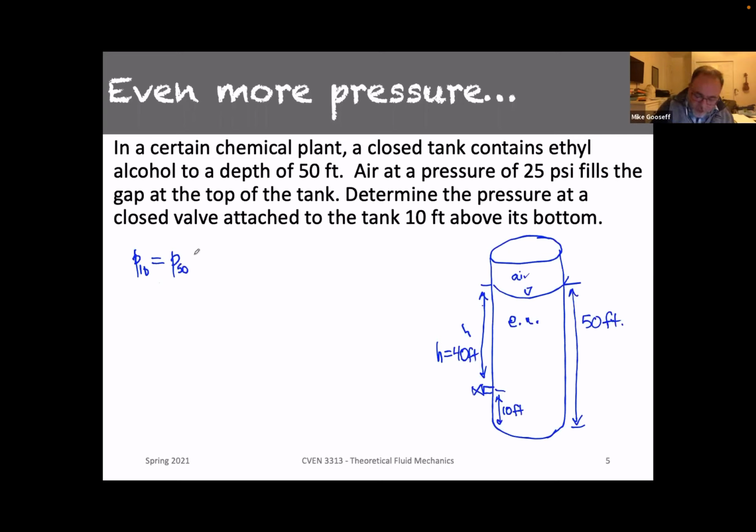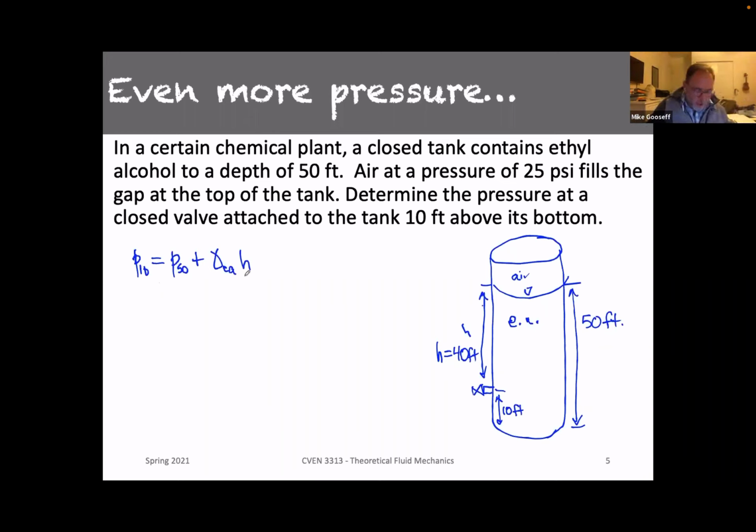And then we're going to add the pressure that is added from the height of the ethyl alcohol above this valve. So now we're going to have gamma ethyl alcohol, EA, times that H value, which in this case is 40 feet.